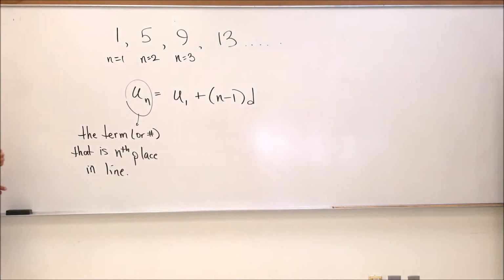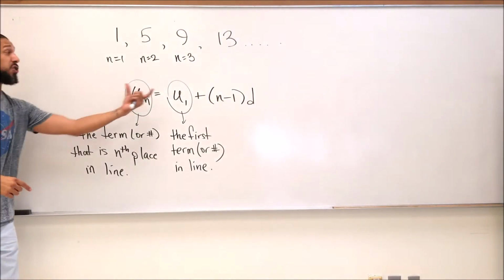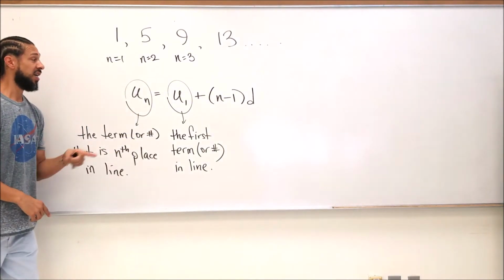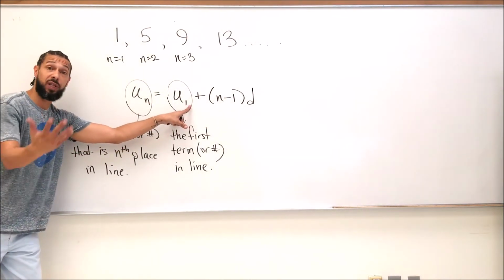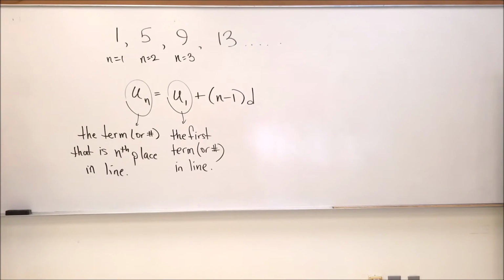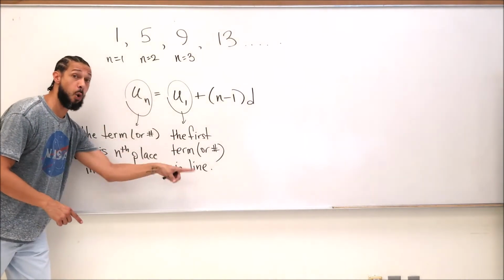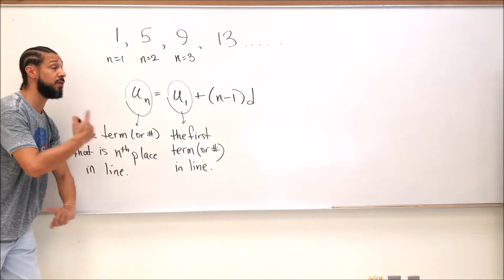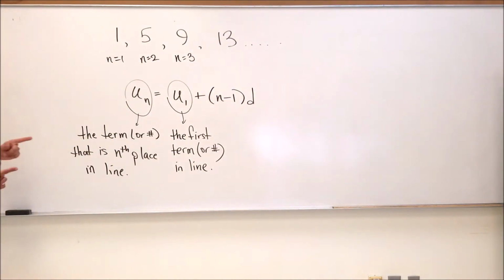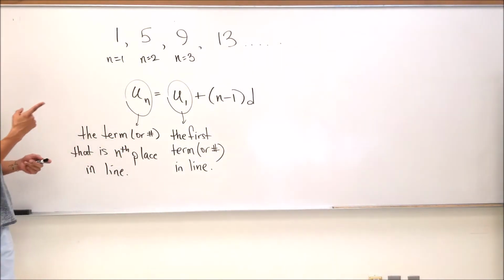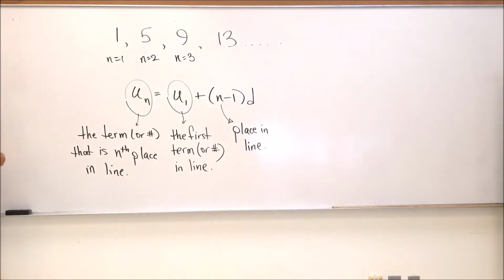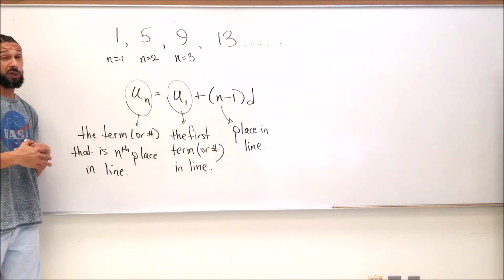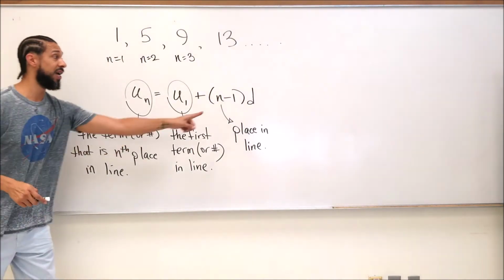Okay, good. So that u or a sub 1, if this subscript is its place in line, is the first term or number in line. So the first number in my line above, 1. Moving right along, n is the place in line. Do I want the first number in line? n would be 1.